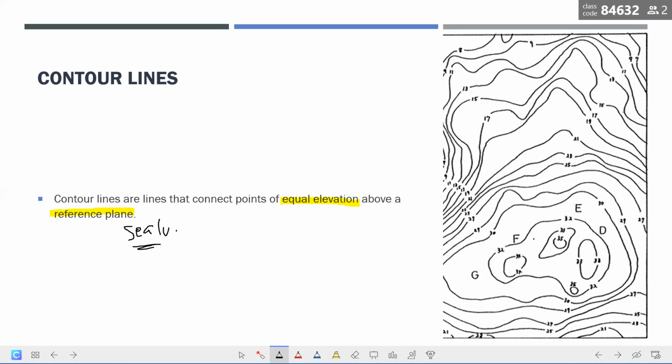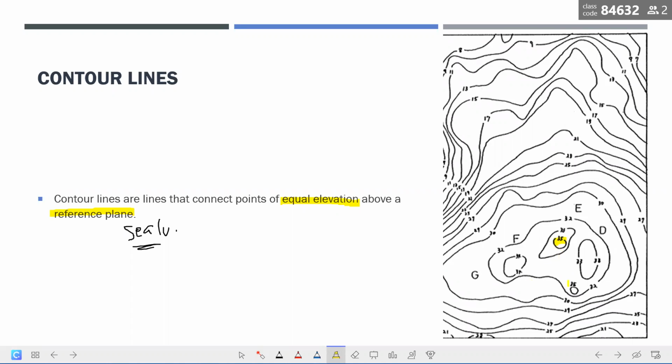So in this illustration here, you see a lot of squiggly lines, and those squiggly lines have numbers on them. The numbers denote the elevation, as the definition says. So if you look here, the highest point is 35. It could be 35 meters above sea level. It could be 35 feet above sea level.